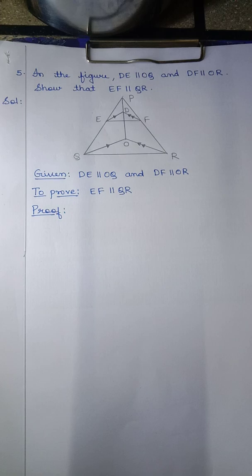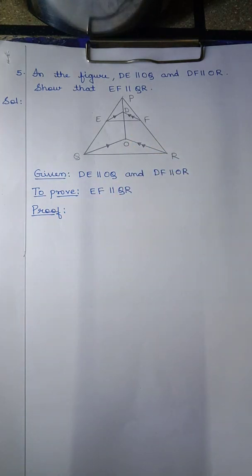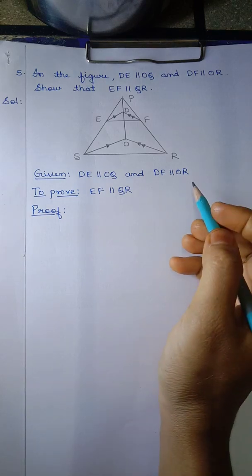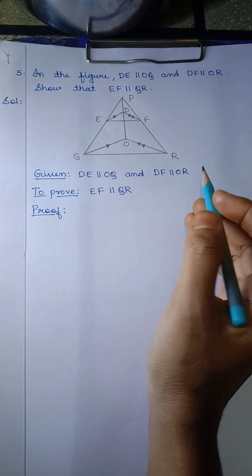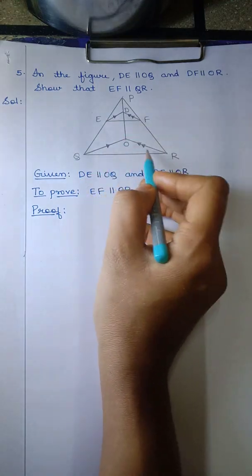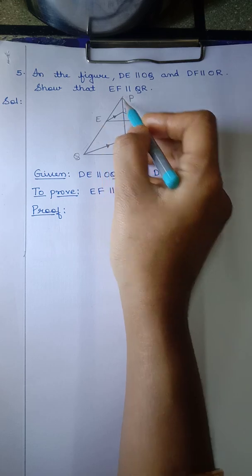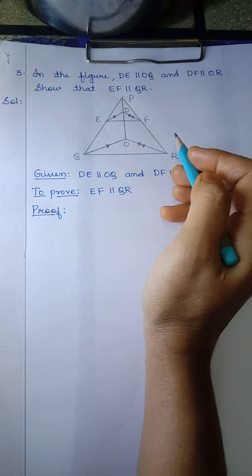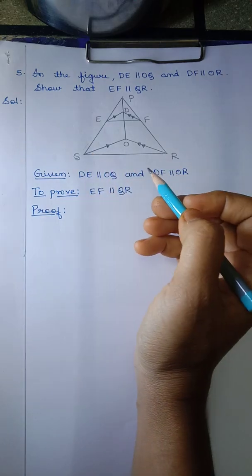So whenever you have to show that the lines are parallel, you have to use the converse of Thales theorem. Yes, that is, you have to show that the line which you want to prove parallel divides the other two sides in the same ratio. Then by converse of Thales theorem, you can tell that the lines are parallel.